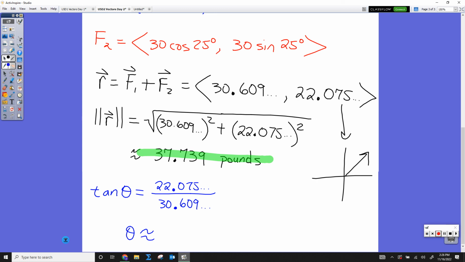We're going to find that it's 35.799 degrees, which represents our directional angle. All right, so that's the gist of the applications as far as our notes are concerned, the vectors.